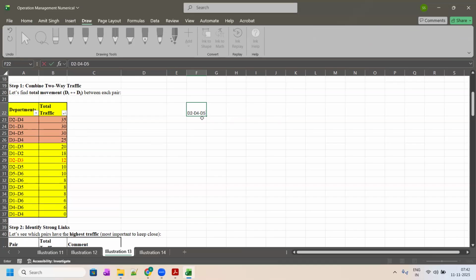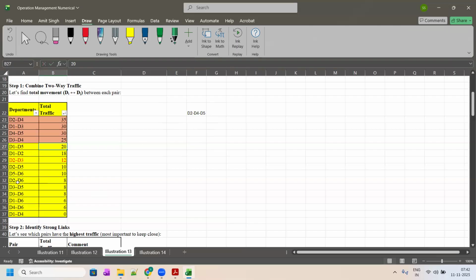From D5 to D1 I can bring one arrow down, and then from D1 I have two possibilities, D3 or D6.